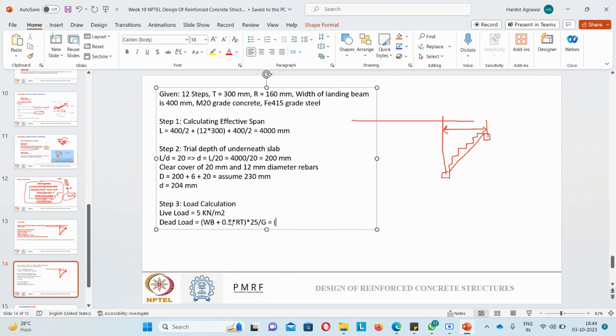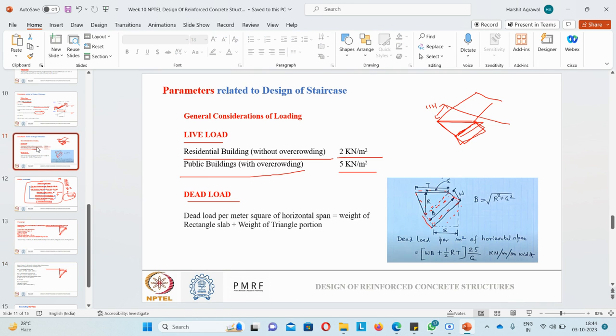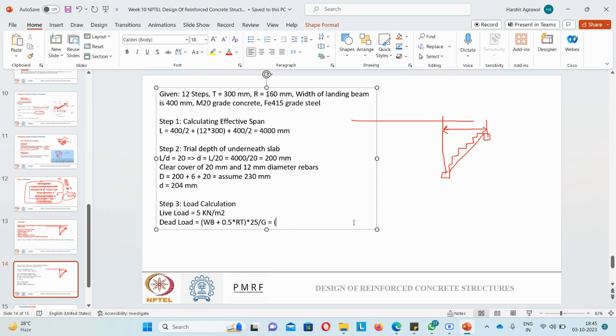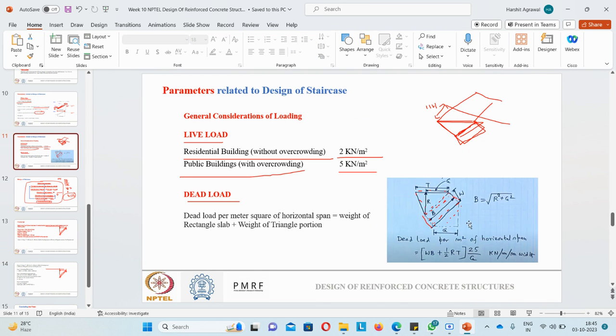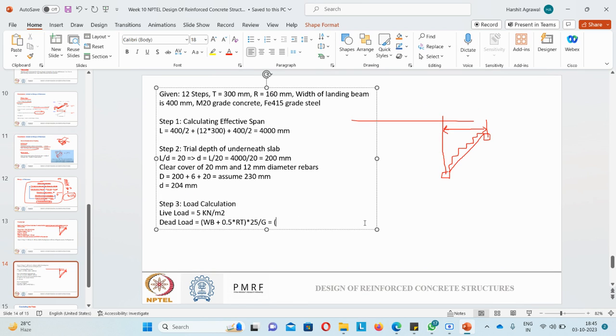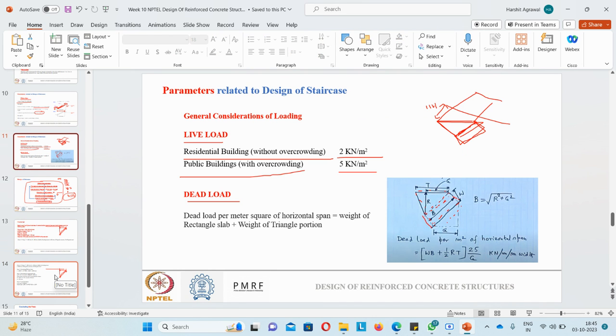So W I know. B we need to calculate, under root R square plus G square. W is what we designed for, the total depth of the slab, so that is nothing but 230 times B. The length is nothing but under root of R square plus G square.